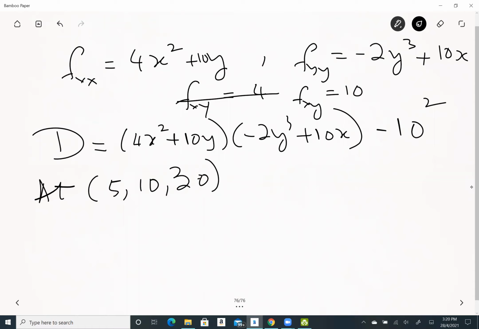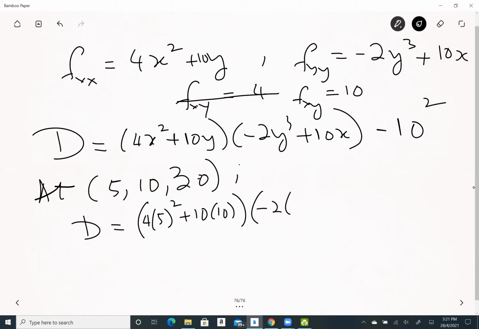Okay. So now first thing you do is you put into D. So D is equal to, now you have a big thing. So you got 4 times 5 squared plus 10 multiplied by 10, everything. And then I have negative 2 times y cubed, 10 cubed, plus 10x multiplied by 5, minus 100.